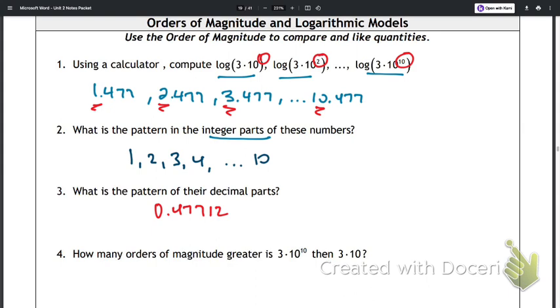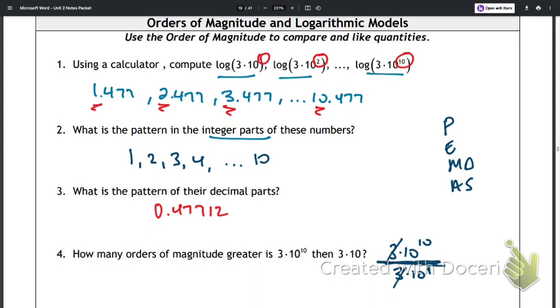So how many orders of magnitude greater is 3 times 10 to the 10th than 3 times 10 to the 1st? The way I would think about this is, if I want to know how much bigger this is, I'm going to divide it by this. That's understood to have an exponent of 1 right there. Those 3's are going to cancel out. I have the same base of 10, and remember when you do division, if you remember your order of operations, PEMDAS, you are dividing right here.